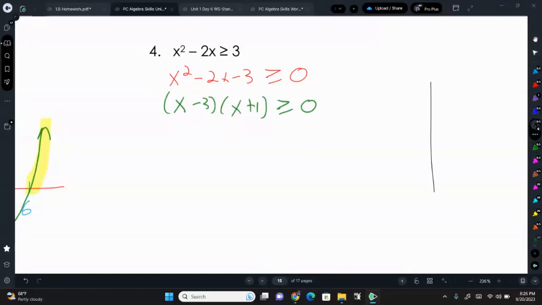Right, then we have our rough sketch, and our two x-intercepts will be at +3 and -1. Positive a value, positive number in front of x squared, so our parabola opens upwards.